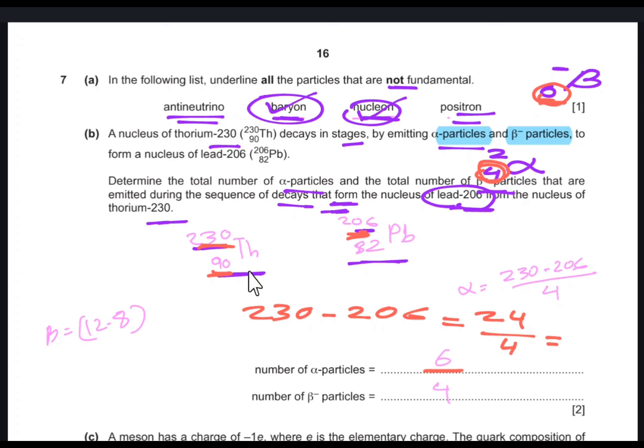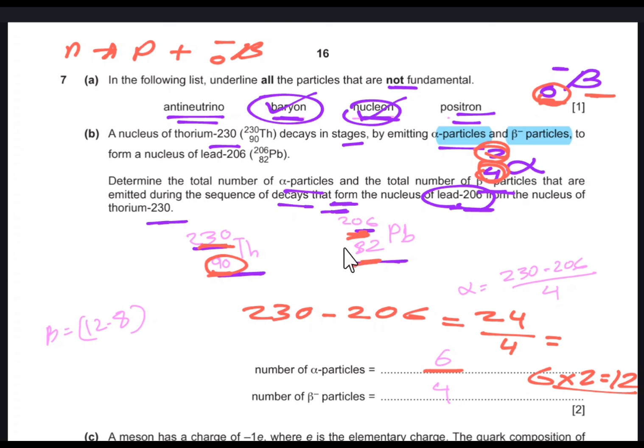Now the charge decreases, and as we know, whenever a substance decays by beta emission, its neutron changes to a proton and a beta minus particle. So a neutron changes to a proton, and as we know, alpha decay causes a decrease in the proton number. As 6 alpha particles are emitted, the total number of protons that decreases is 12.